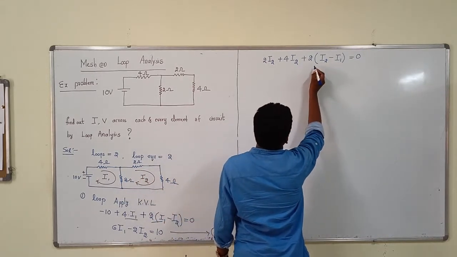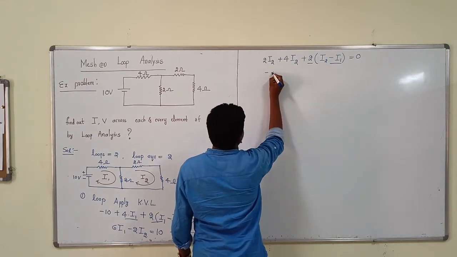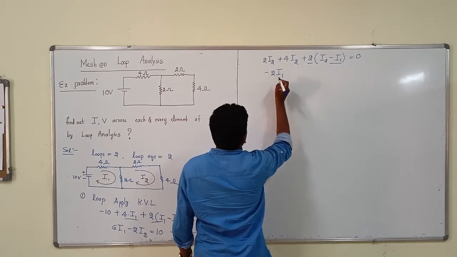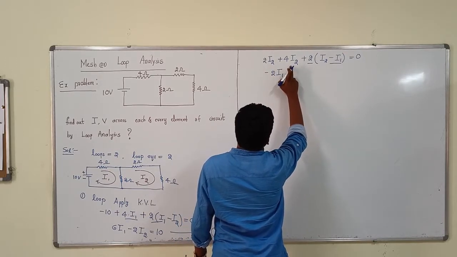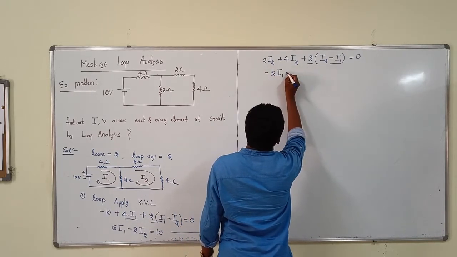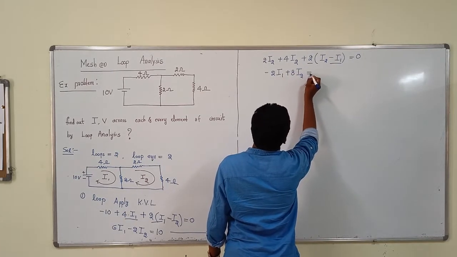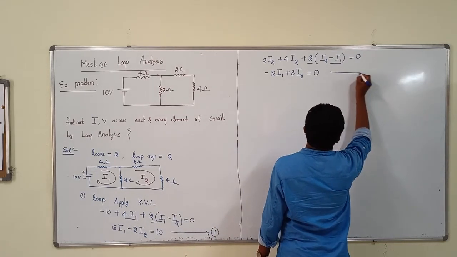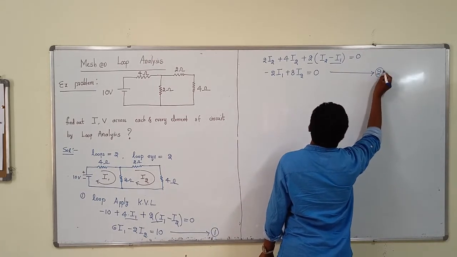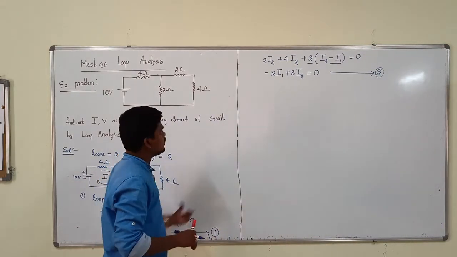By simplifying, we get minus 2I1 plus 2I2 plus 4I2, which is 6I2, plus 2I2, so 8I2 equal to 0. This is the second equation. By solving these two equations we will find the I1 value and I2 value.